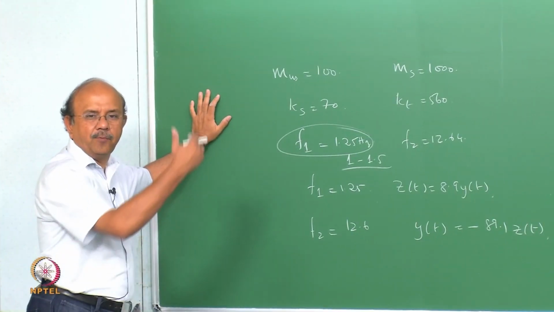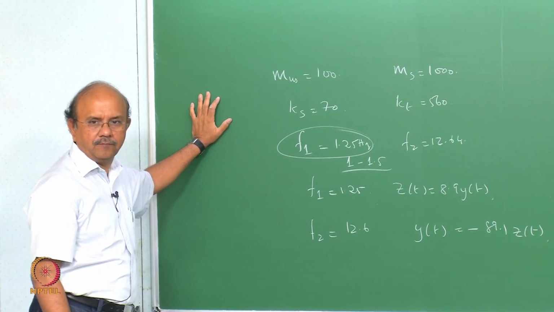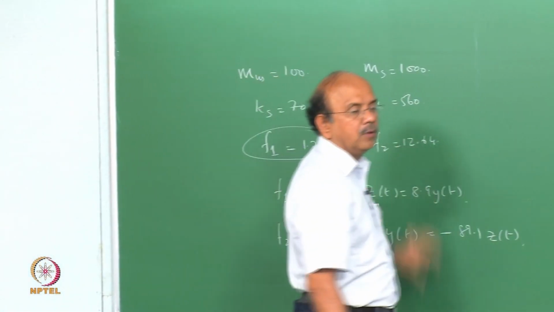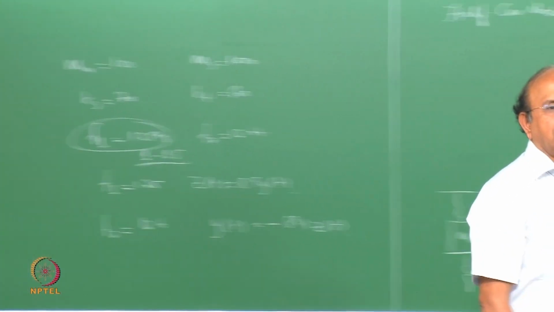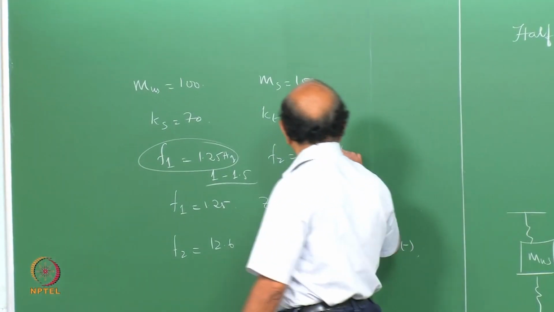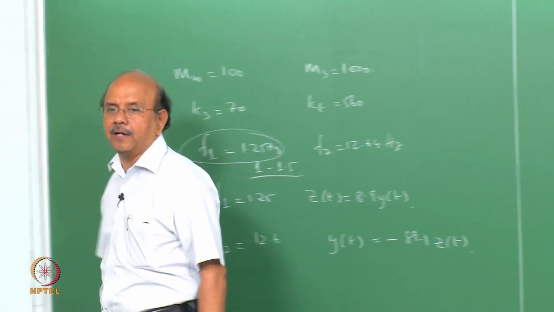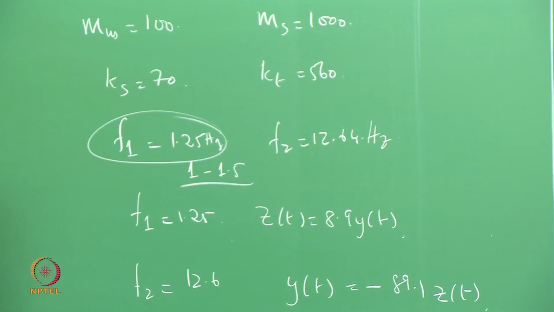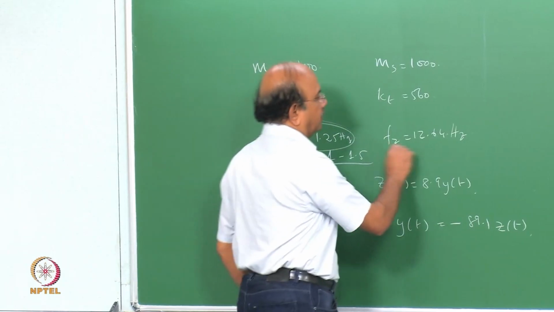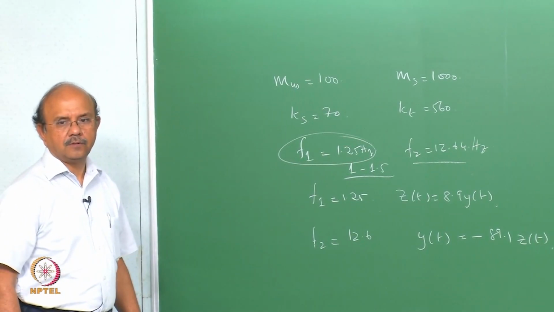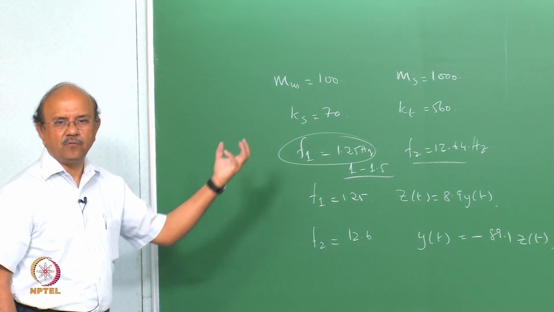That is what we call the body frequency. And omega 2, which results in a frequency of 12.64 hertz, is a typical value and is called the wheel hop frequency of the unsprung mass.